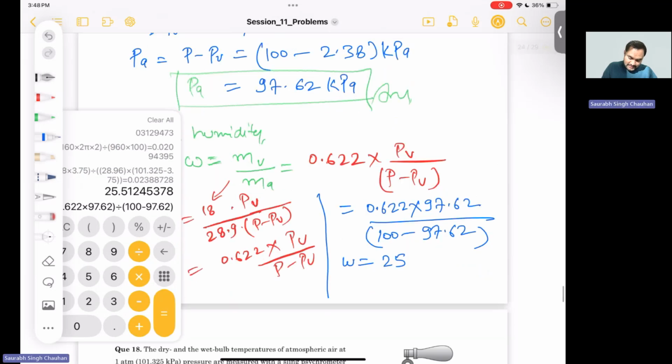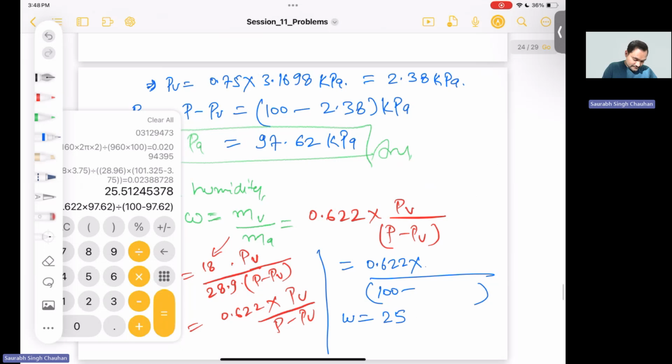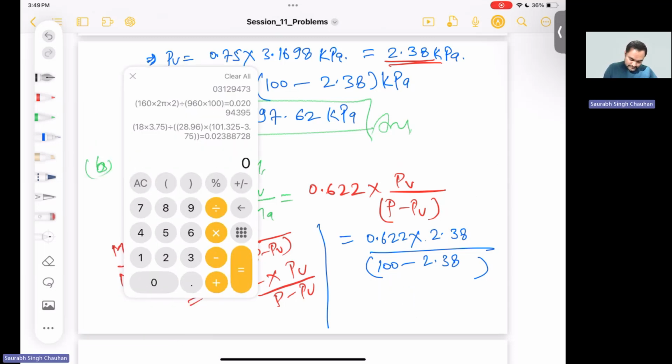Sorry, 97.62 is the partial pressure of dry air, not the water vapor. We need to use the correct value of partial pressure of water vapor, which is 2.38. 100 minus 2.38. I'm sorry. 0.622 multiplied by 2.38 divided by 100 minus 2.38.